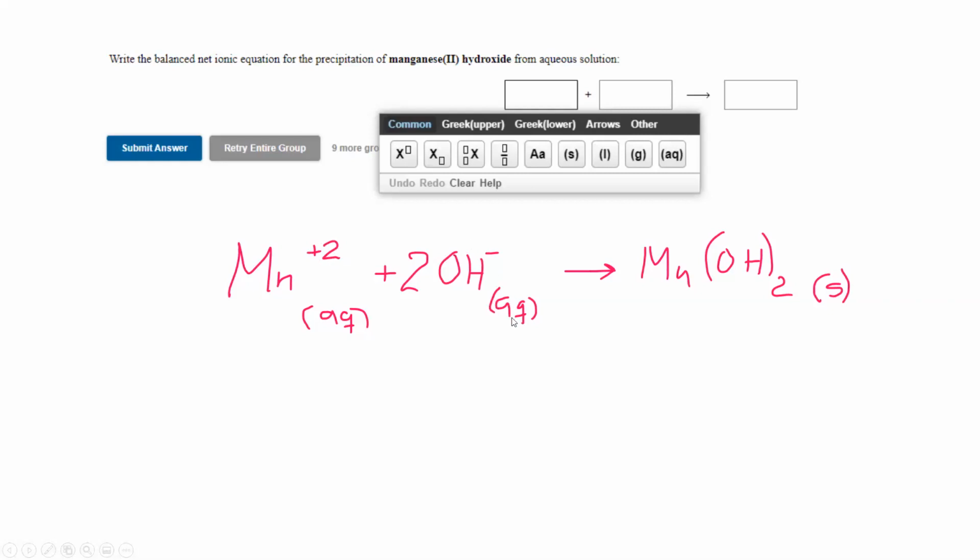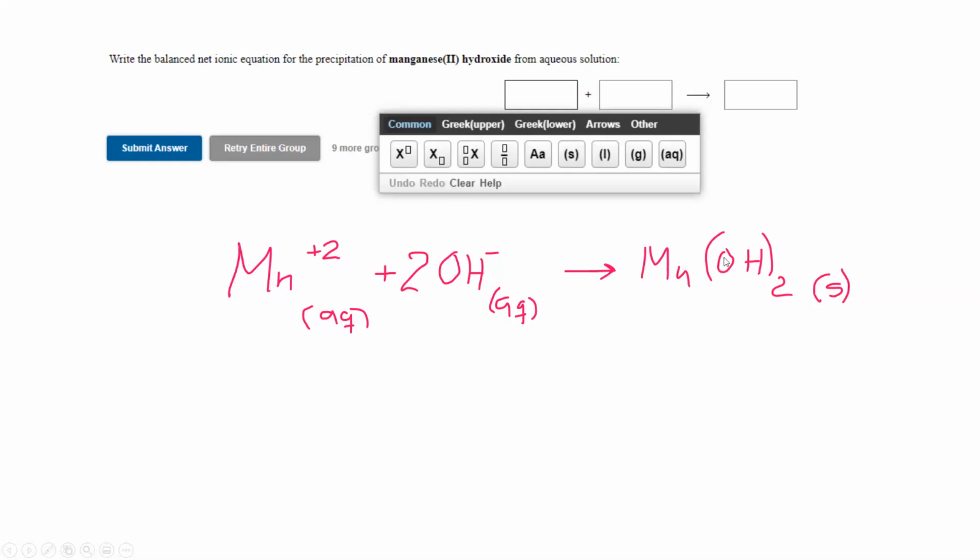And the aqueous is represented by this symbol, but as a subscript. Then the arrow, and then the compound that you had.